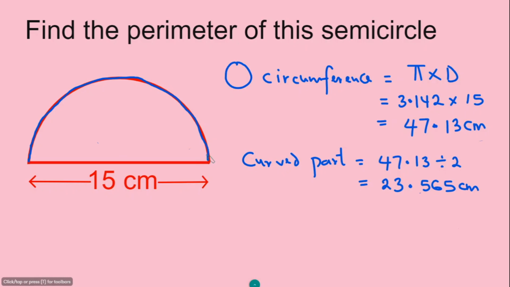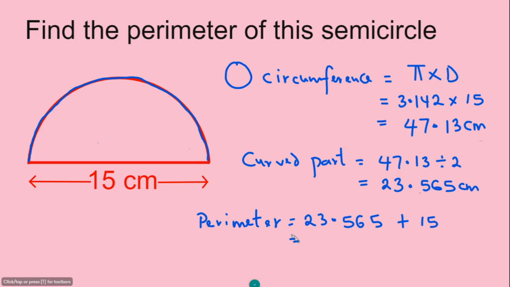Now, to find the perimeter of it, I'm going to add this value to this diameter. The diameter plus the curved part will give me the perimeter of this semicircle. So the perimeter can now be calculated by the curved part, which is 23.565, add on this line here, which is the diameter, 15.